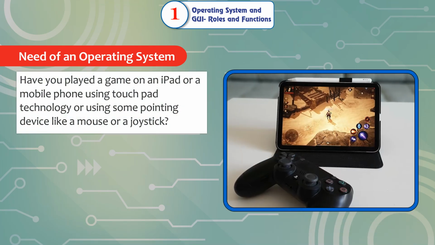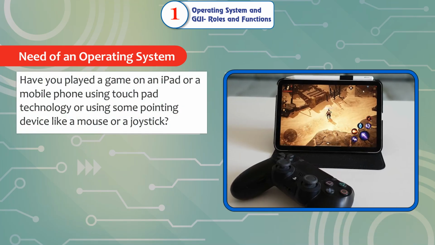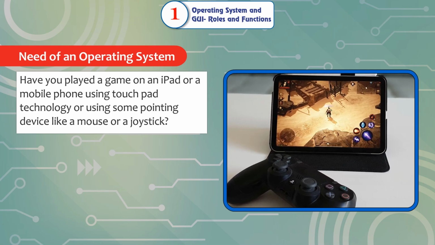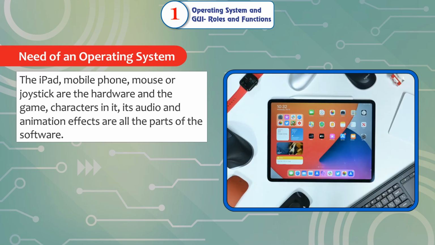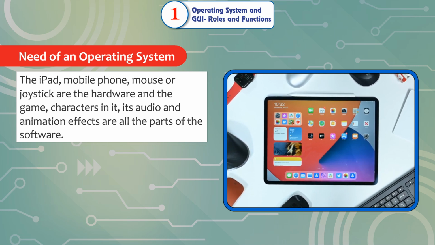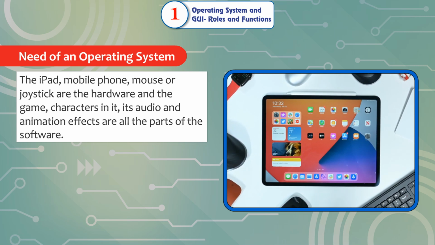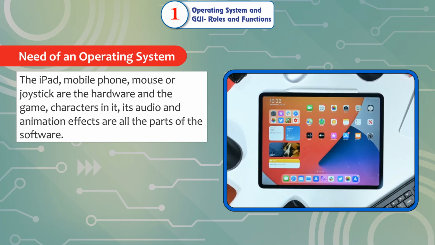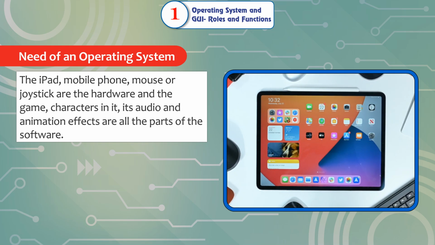Have you played a game on an iPad or a mobile phone using touchpad technology or using some pointing device like a mouse or a joystick? The iPad, mobile phone, mouse or joystick are the hardware and the game characters in it, its audio and animation effects are all the parts of the software.